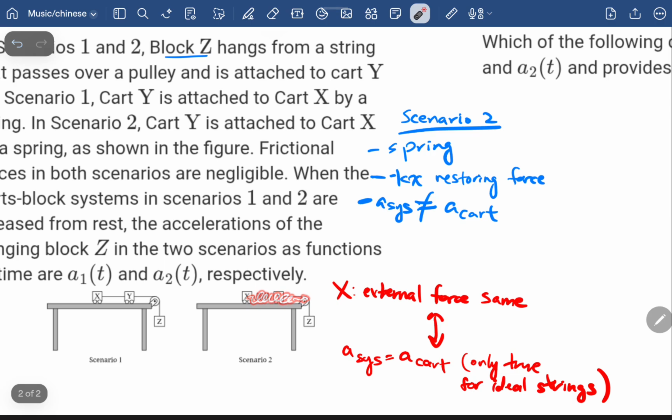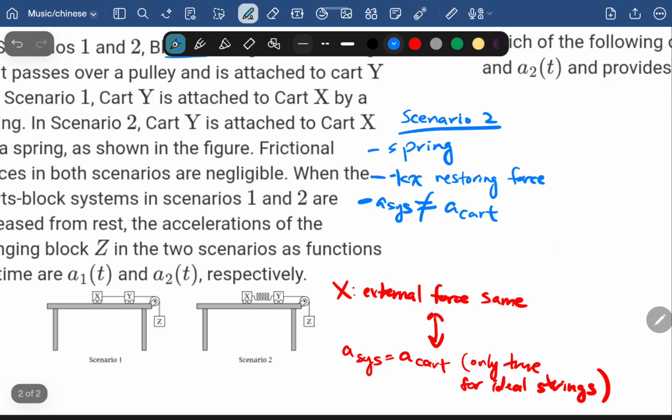And once that spring stretches out, that's going to exert a force on x to pull it this way, but it's also in turn going to pull y back, right? So all three blocks, actually these two, are going to move at different rates, different accelerations, and therefore we cannot simply say that acceleration of the system is equal to acceleration of the carts.